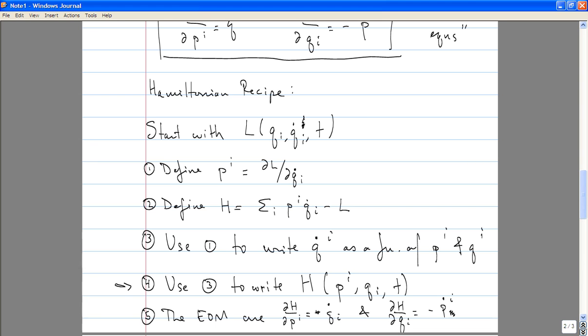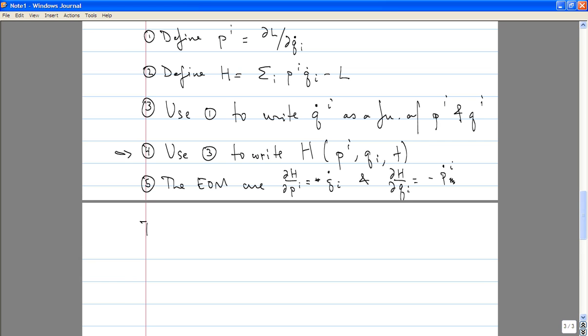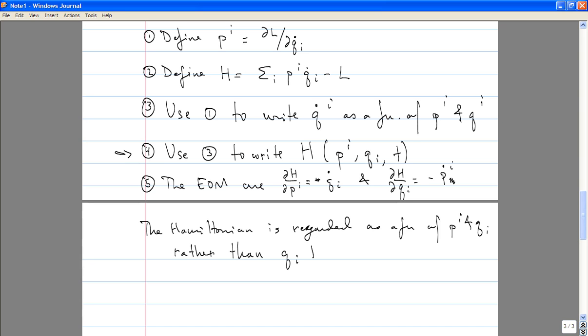So it's very important in the formulation of Hamiltonian mechanics that we think of the Hamiltonian as a function of p and q rather than q and q dot.